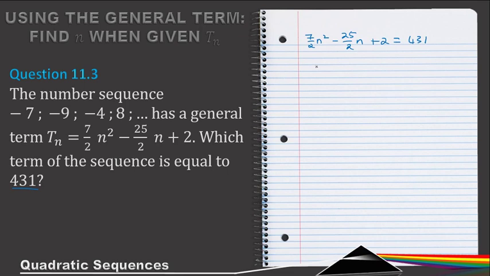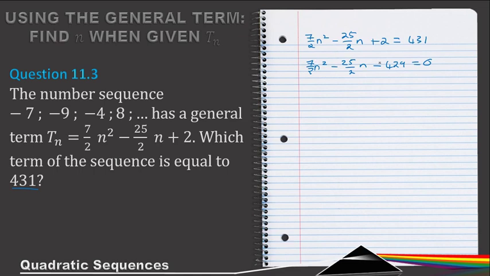And then putting it into standard form, we have 7 over 2 n squared minus 25 over 2 n. If I bring this over, it becomes a negative. So if I say negative 431 plus 2, I get negative 429 equals 0. And then another thing that I'm going to do to simplify this quadratic equation is to get rid of my fractions.